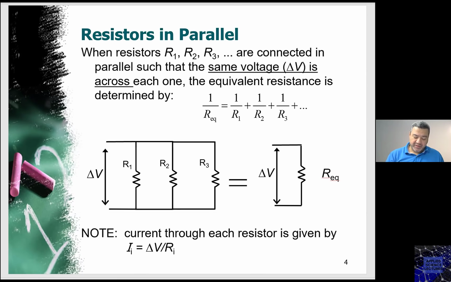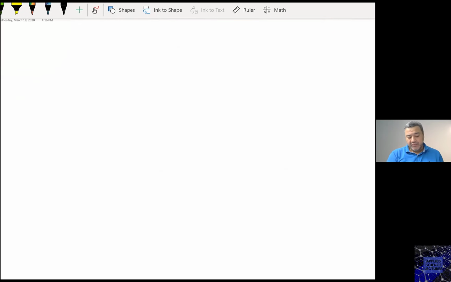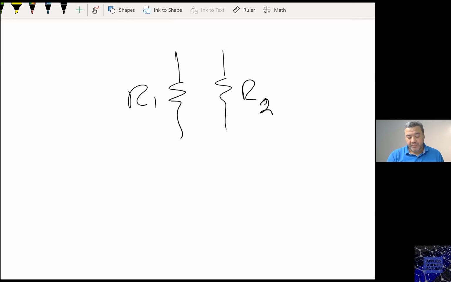Now, let's talk about resistors in parallel. I have two resistors that are in parallel if they share both terminals, or both nodes, as we will see later on. So this is R1, and this is R2.